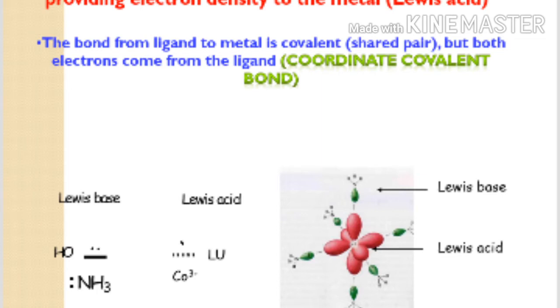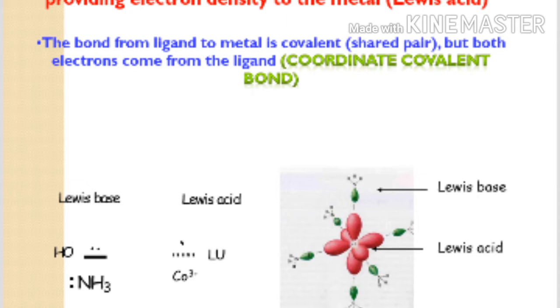Now, the bond from ligand to metal is a covalent bond because there is a sharing of electrons, but both electrons come from the ligand. Therefore, this is a coordinate covalent bond. In the example, cobalt is acting as a Lewis acid, accepting electron pairs from the ammonia.